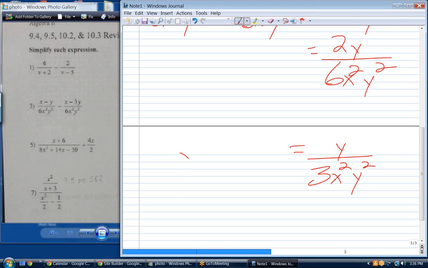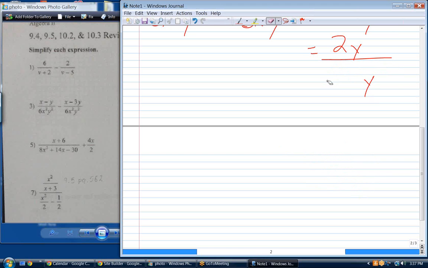Well, y divided by y squared is equal to 1 over y. In other words, I can divide top and bottom by y. When I divide top by y, I get 1. When I divide bottom by y, I get y to the first. So this simplifies to 1 in the numerator and just y in the denominator. So that's the answer for number 3.